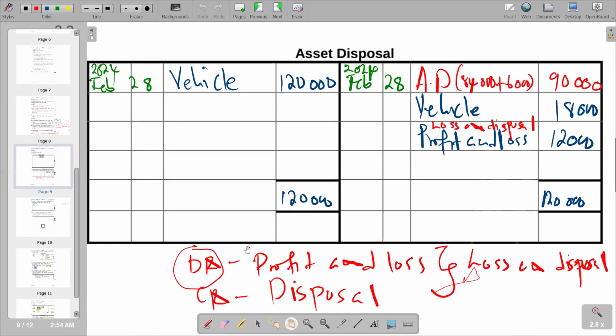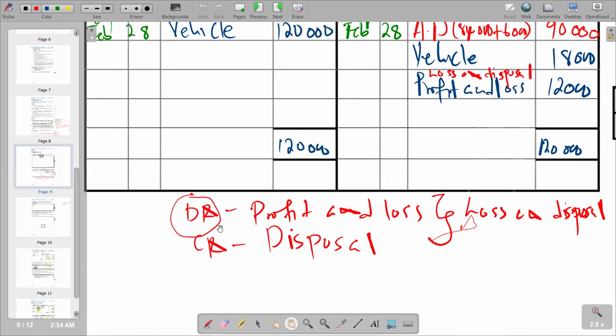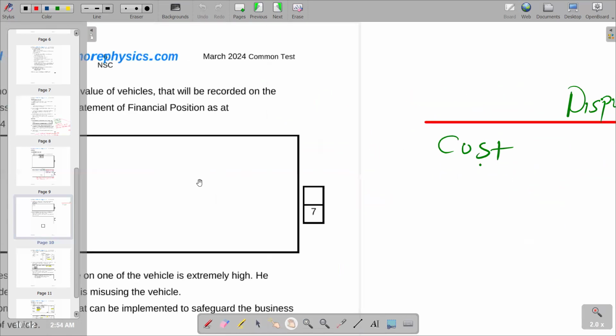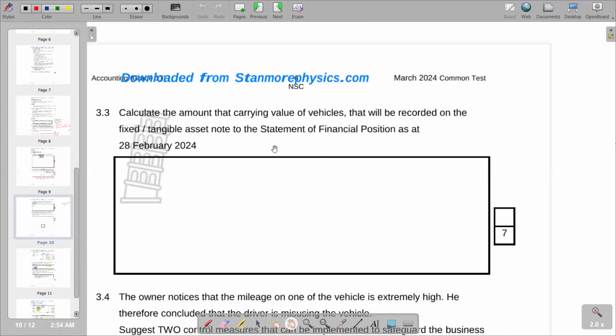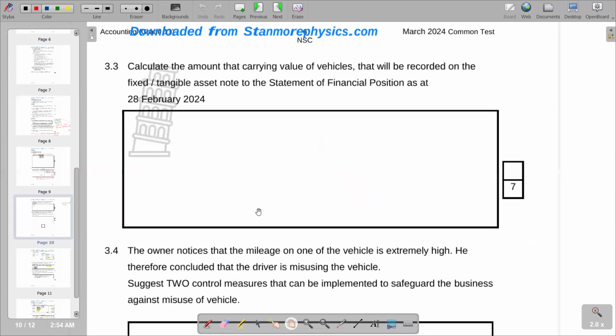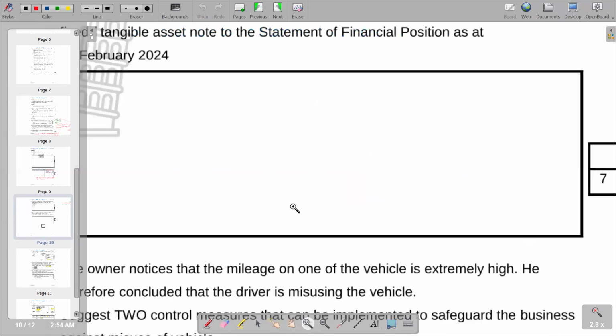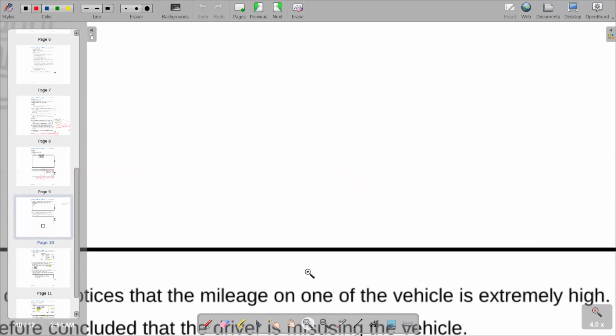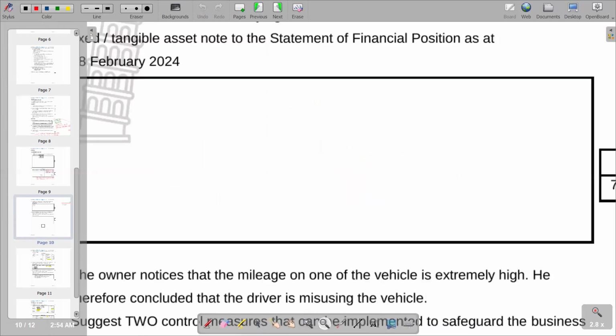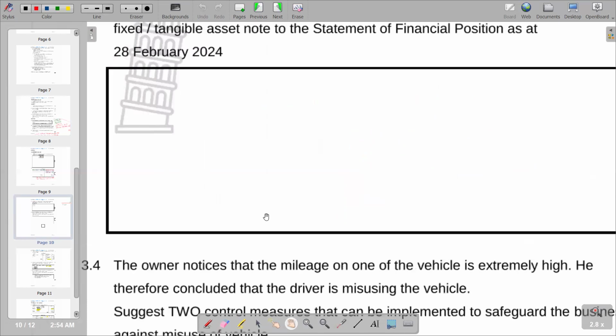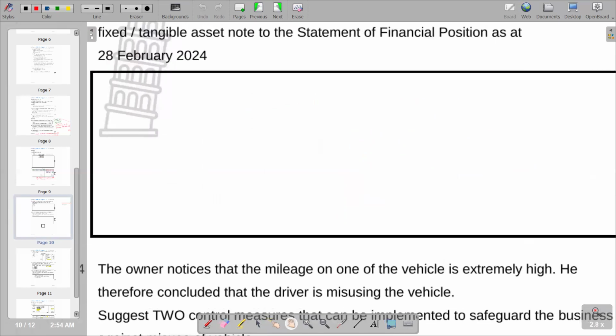So if you go to our answer section, you are going to see the part that we have. So we are saying to get the carrying value, it's supposed to be cost minus accumulated depreciation.